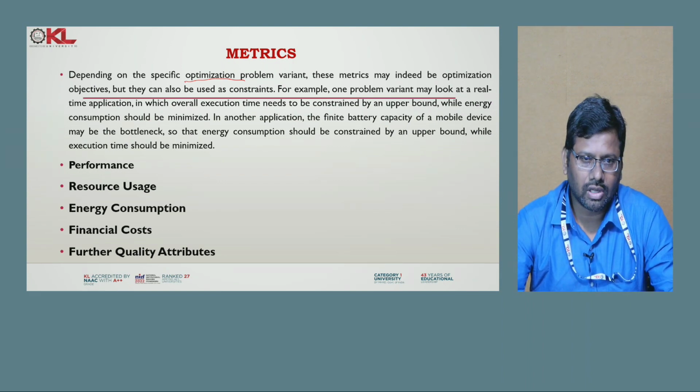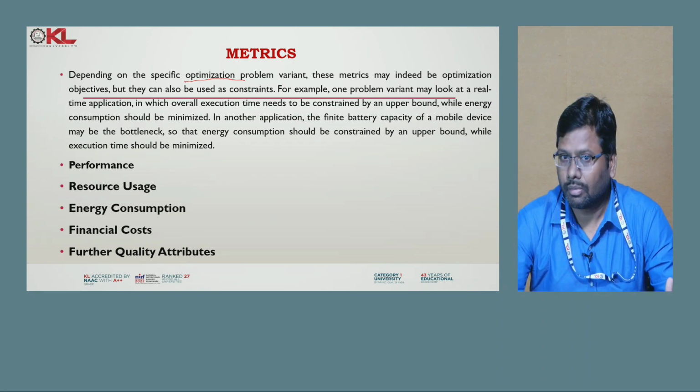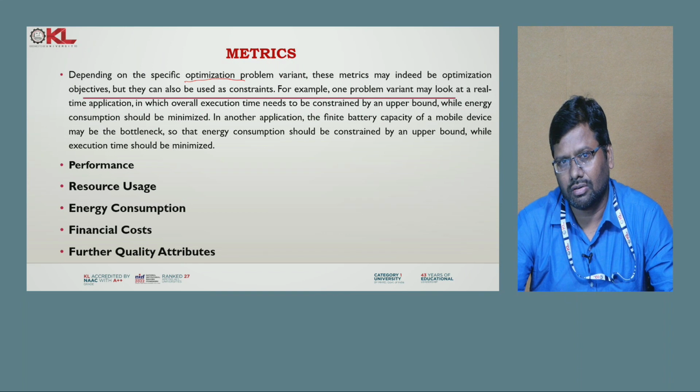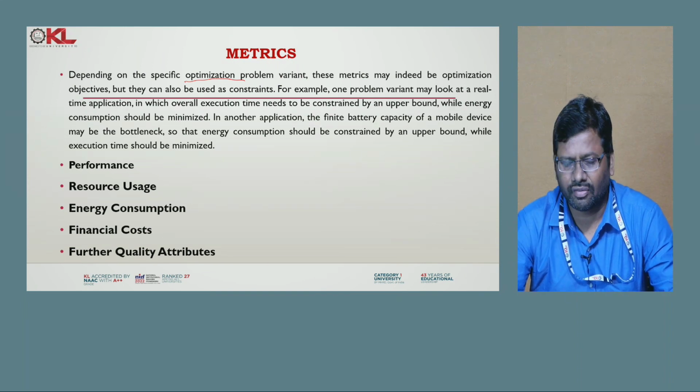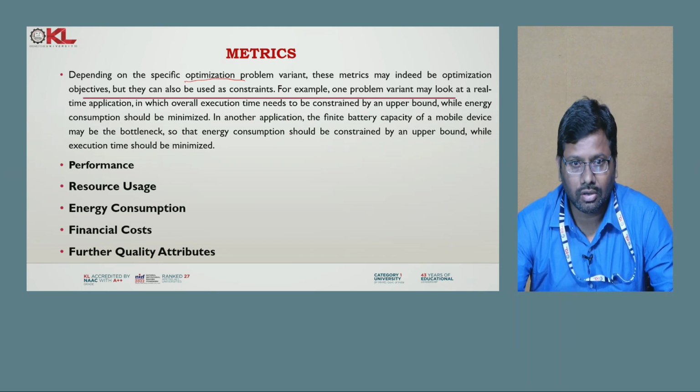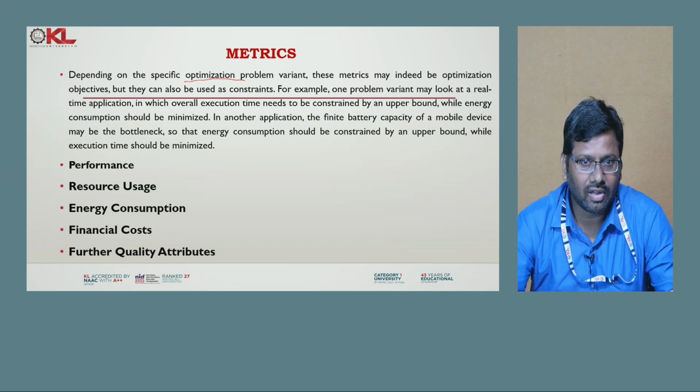So the concept here is that performance should be high, there should be no compromise with the performance. With a limited number of resources we have to carry out the task, and the energy that is consumed matters, whether we are using a bit more resources or fewer resources than required. So energy consumption is also playing a very important role.